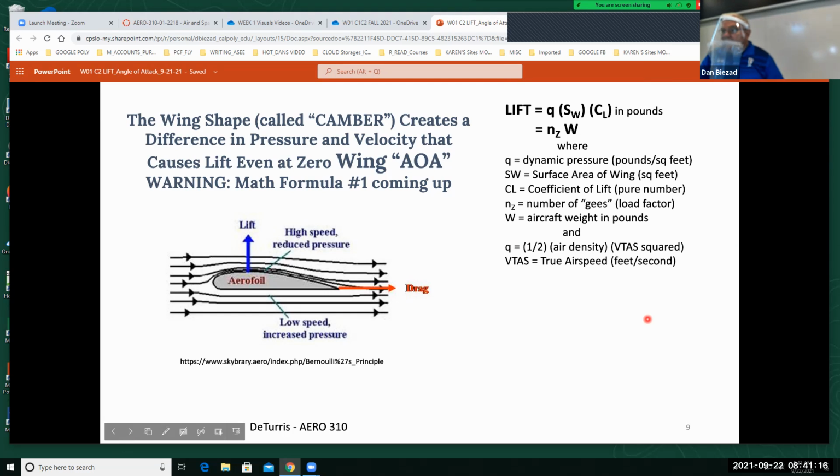And this formula, the first variation, is very interesting. The first variation of this formula replaces lift with the number of G's times the weight. Again, right now, your lift is your weight, so the number of G's, your NZ, is 1. NZ stands for normal acceleration. That means you're actually feeling as if you're accelerating at 32.17 feet per second squared, or 9.8 meters per second squared.